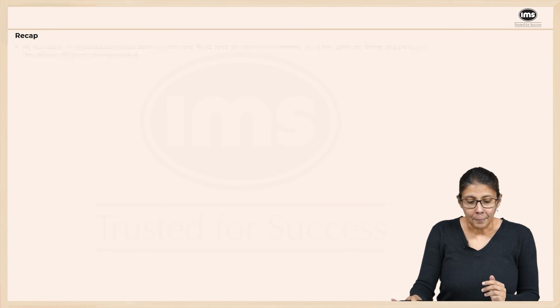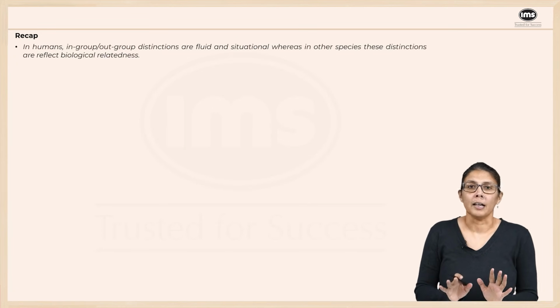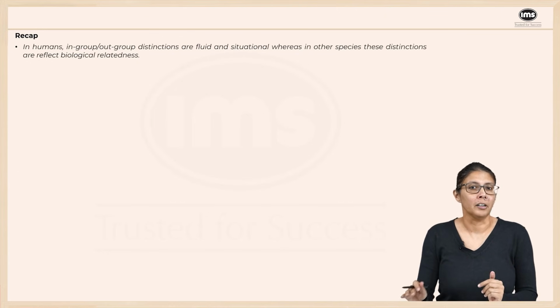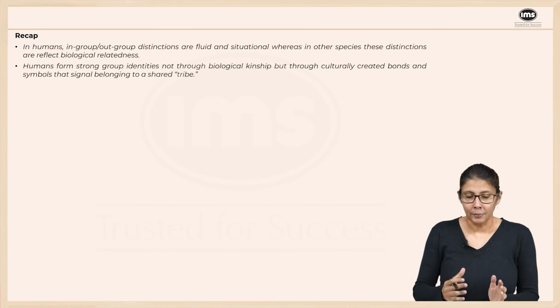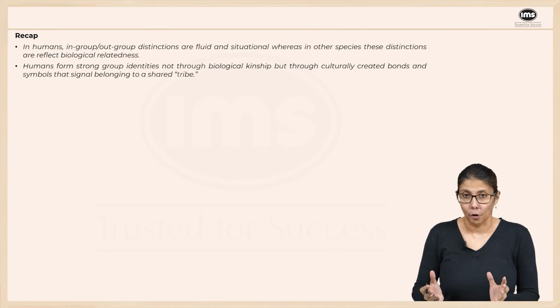Let's do a quick recap. In the first paragraph, we introduced the topic, which is in-group versus out-group. These distinctions amongst humans are changeable and situational, whereas in other species, they are usually determined by biology. Then we said that amongst humans, group identities are dependent on cultural norms.